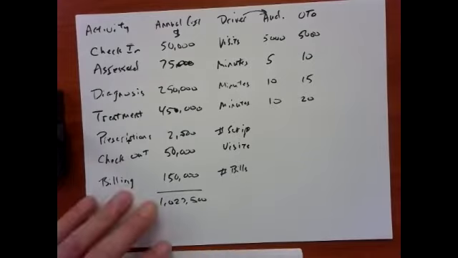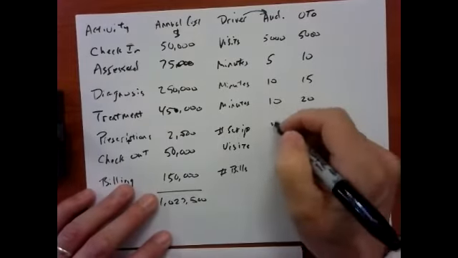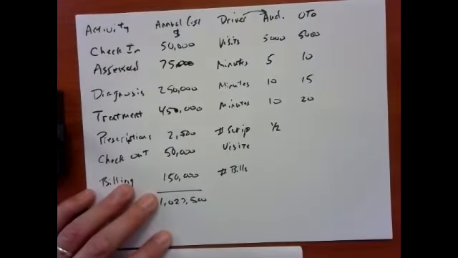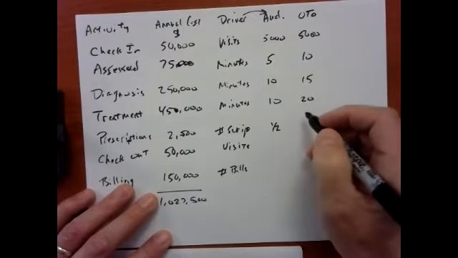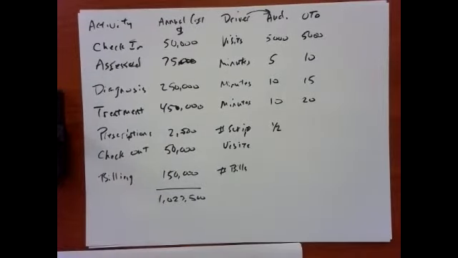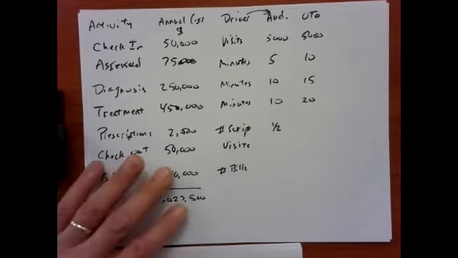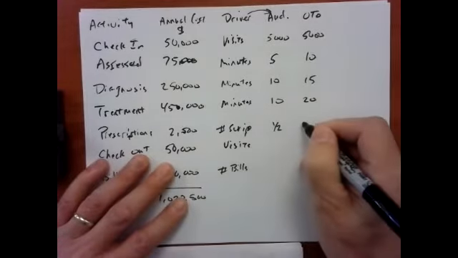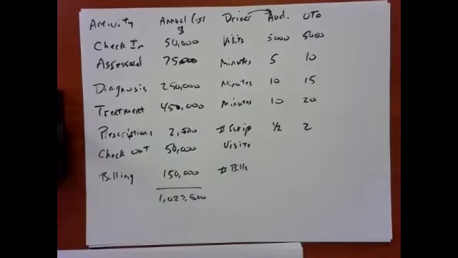We're going to assume on average that audiology generates a half a prescription. You can't have a half a prescription, obviously, so it's every other person gets a prescription, but on average, that winds up to half a prescription per patient. And ENT winds up with 2 prescriptions on average per patient.